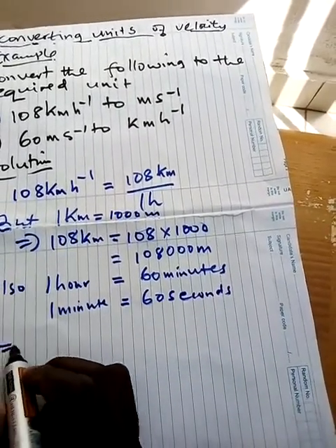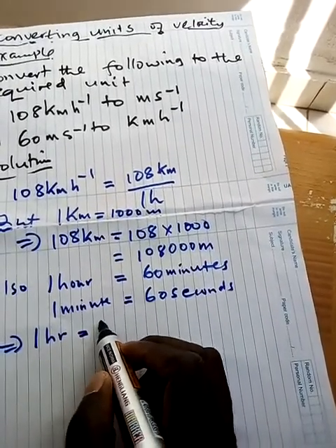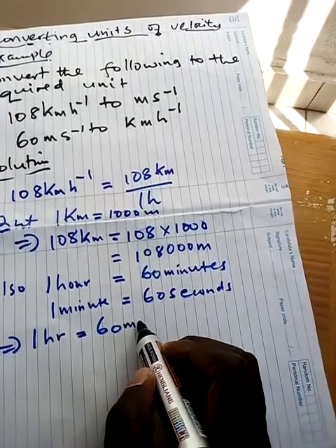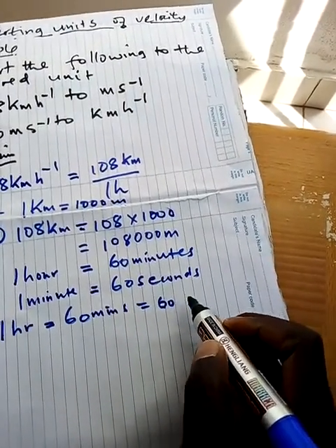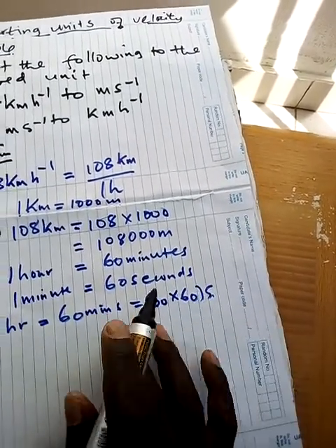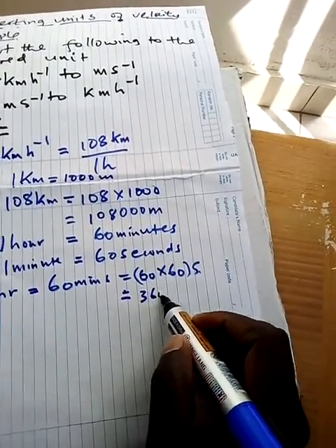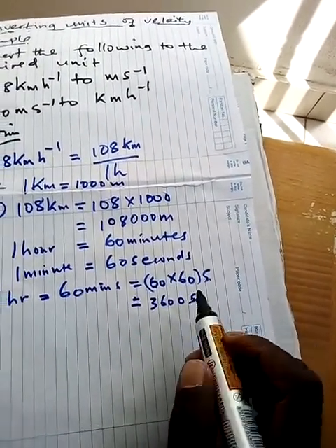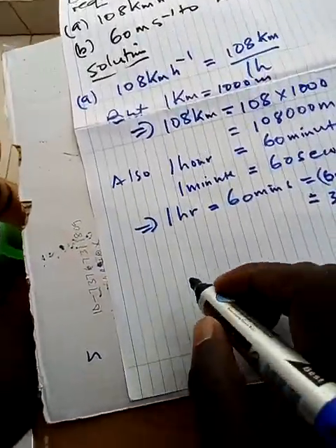So this would imply that 1 hour, which is equal to 60 minutes, is equivalent to 60 times 60 seconds, and this is equivalent to 3,600 seconds.